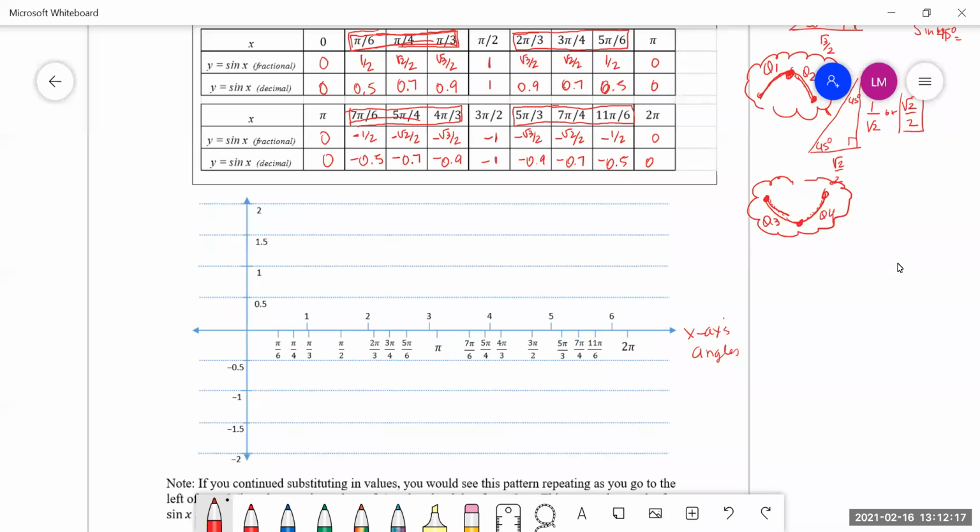Those are the Y values. So if I create an ordered pair, the first ordered pair I see here, let me highlight it, is 0 for X equals 0. So my angle was 0, my Y value was 0. My angle was 5 pi over 6, my value was 1/2. So those are ordered pairs that I'm creating here. So I got a 0, 0.